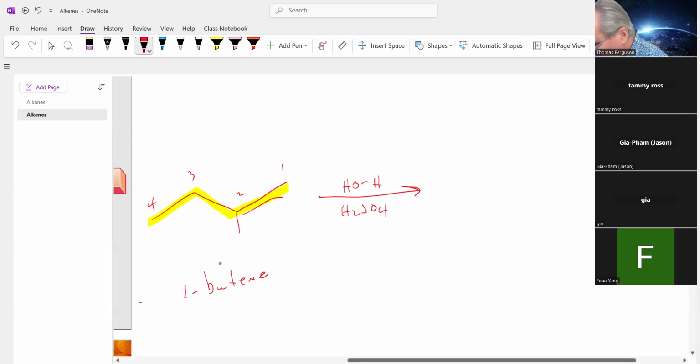and we're going to have a methyl group on carbon number 2. Okay, so we're going to throw in some water because it's heterogeneic addition. It's going to add across carbons 1 and 2.